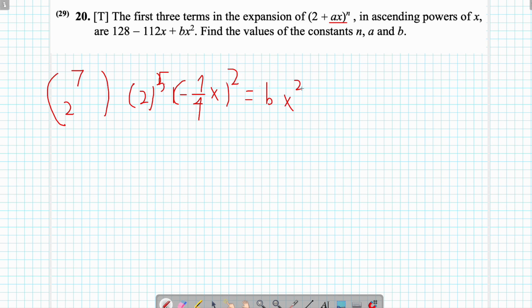So 7C2 is 21, and 21 times 2 to the 5 gives 672, times 1 over 4 squared, which is 1 over 16, x squared, is equal to bx squared. We're gonna get b is equal to 42.